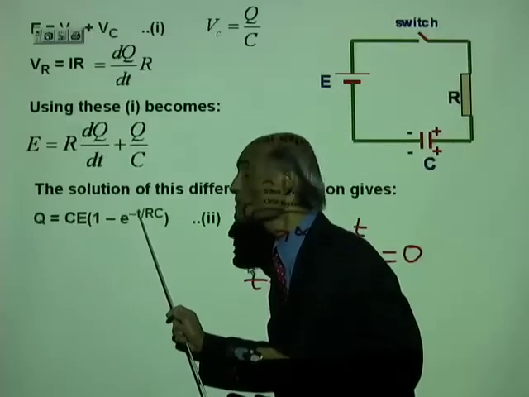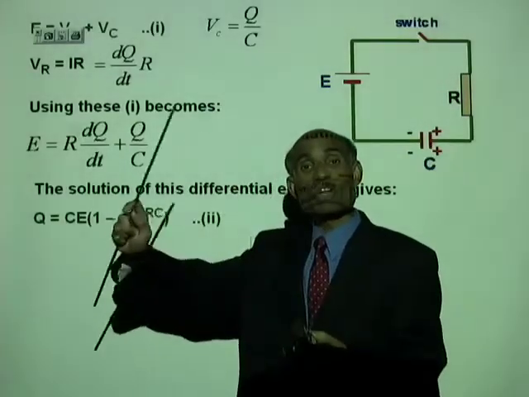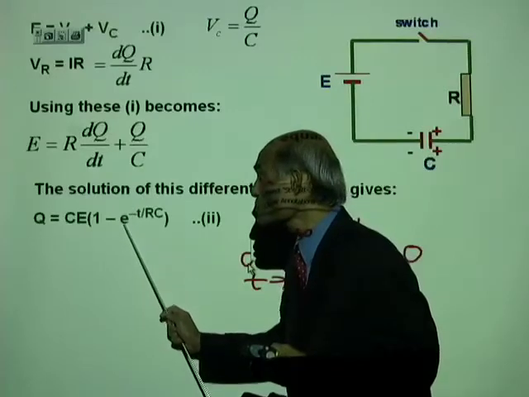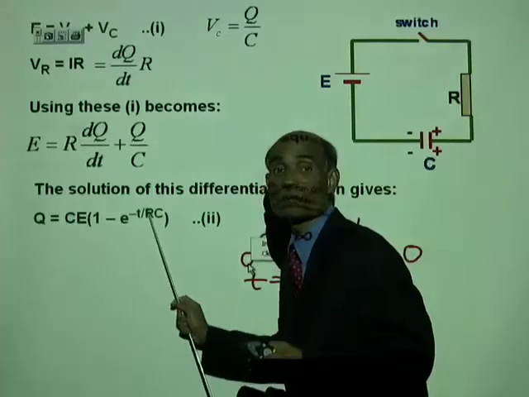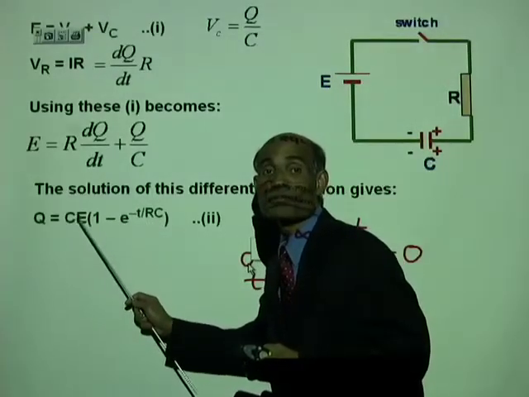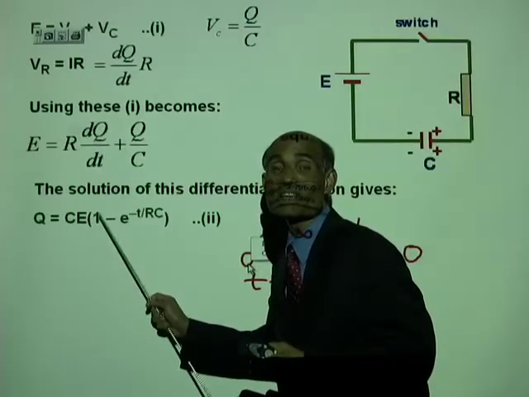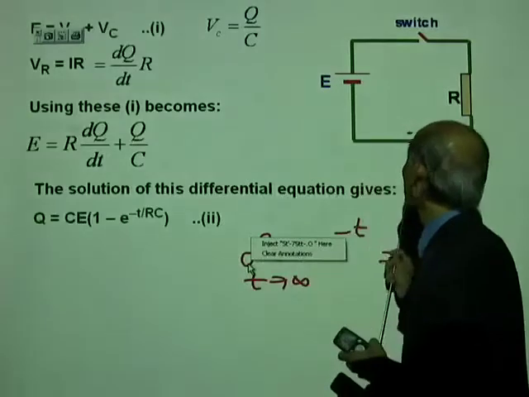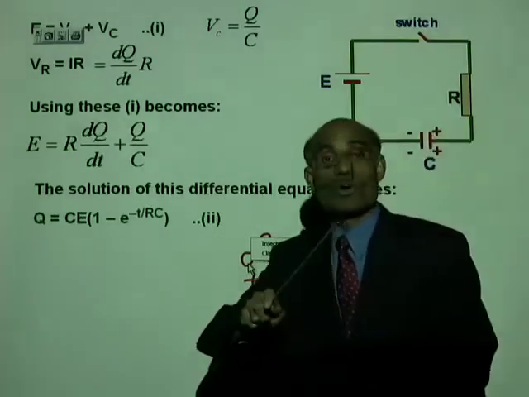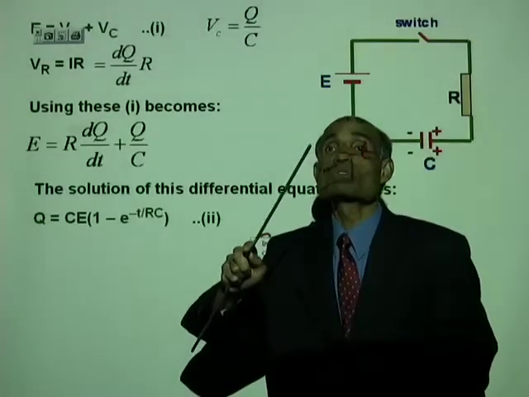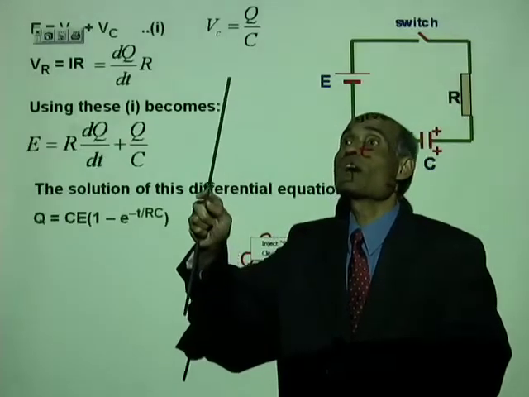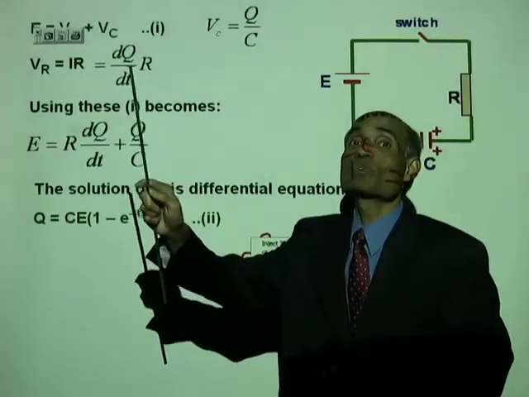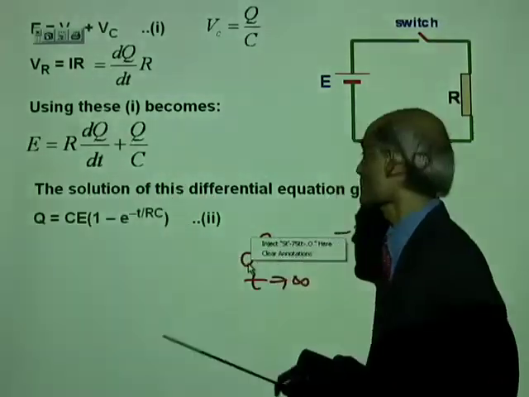And when t equal to infinity, after a very long time, this quantity will be 0, so Q will be equal to CE, the maximum amount of charge on the capacitor. So as time increases, the amount of charge will increase, and after a long time it will reach the maximum value.